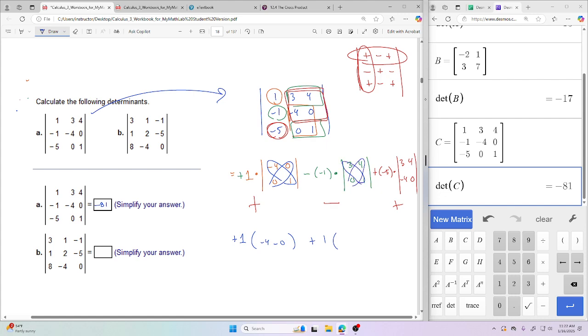So I got 3 minus 0. And then here I got a negative 5. And again, going across, 0 plus 16, because there's a minus already there. When you're multiplying, 2 negatives will make a positive. Negative 4, positive 3.